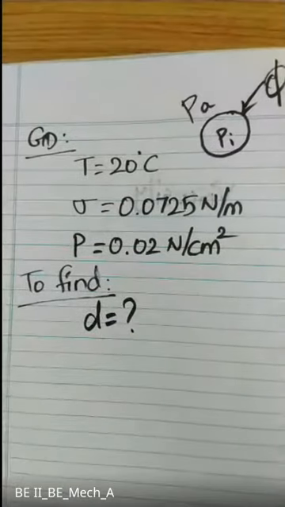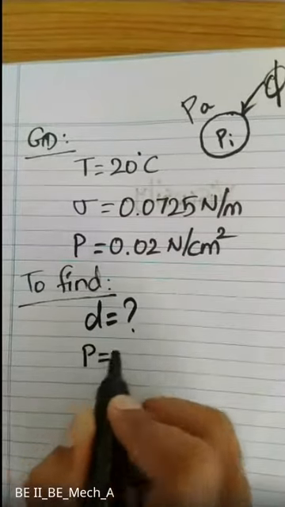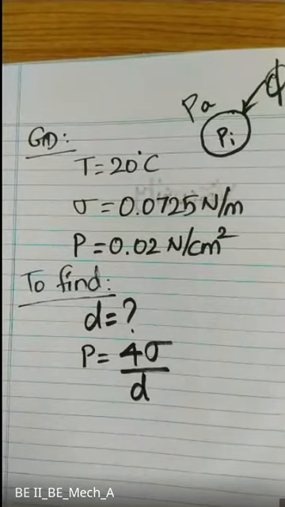So the formula for this problem is P is equal to 4 sigma divided by D. Is it right? We have already derived this. So it is 4 sigma divided by D. So this is the formula.